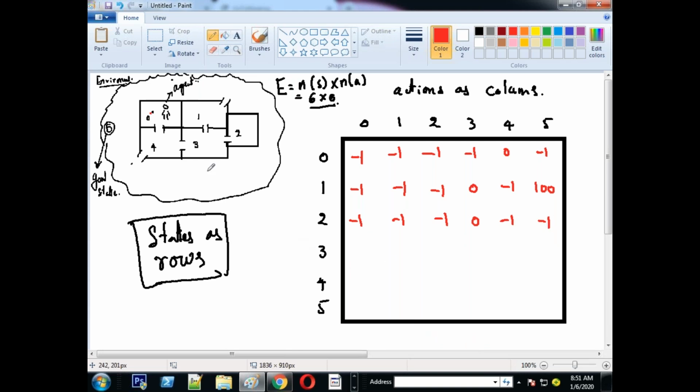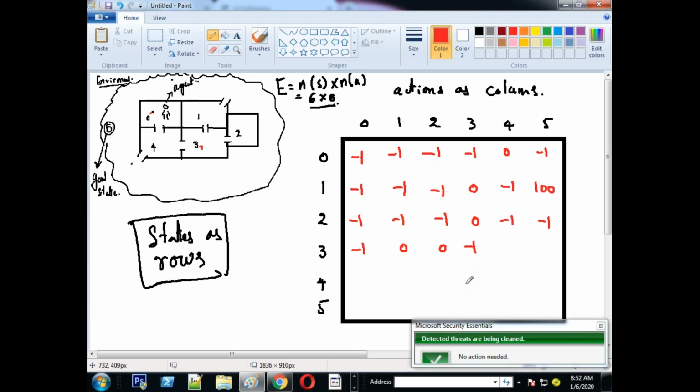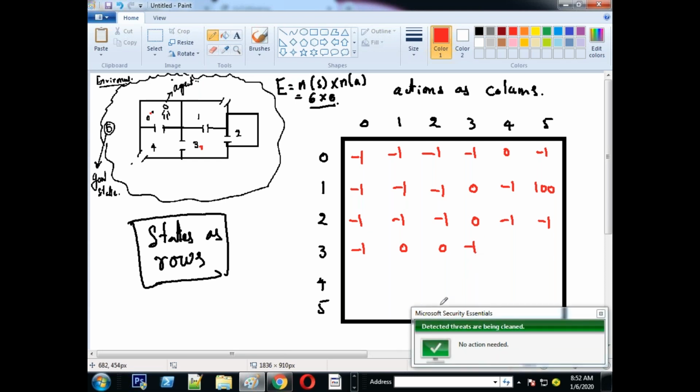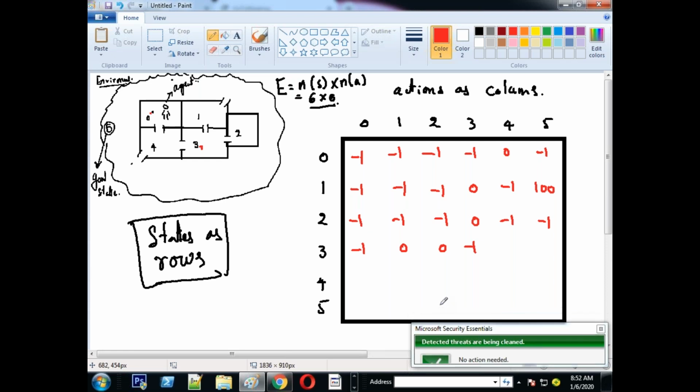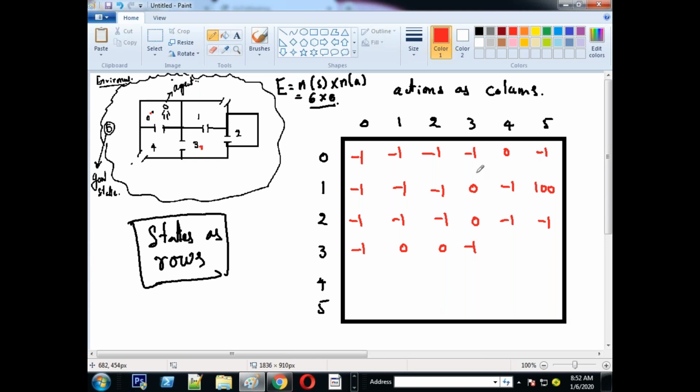Next, the state number 3, that means room number 3. 3 to 0, minus 1. 3 to 1, 0. 3 to 2. 3 to 4. 3 to 3, minus. I am asking you to go to 5, but still you are in room number 3, means that is a bad action or not? Understand the point? That's why minus. 3 to 4. 3 to 5. Minus.